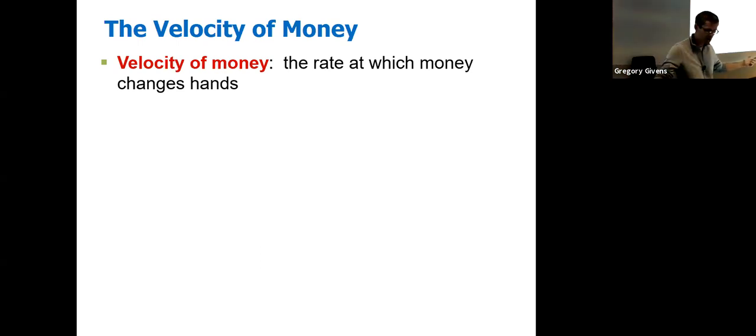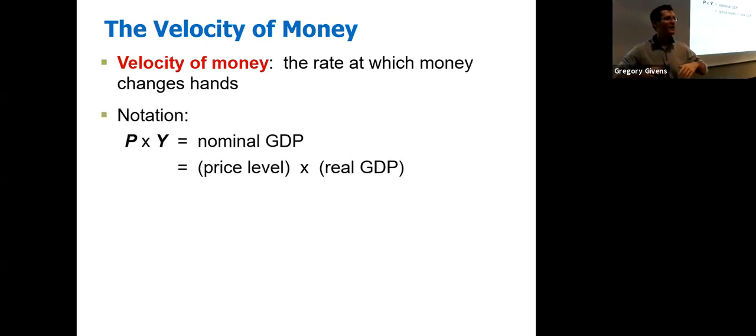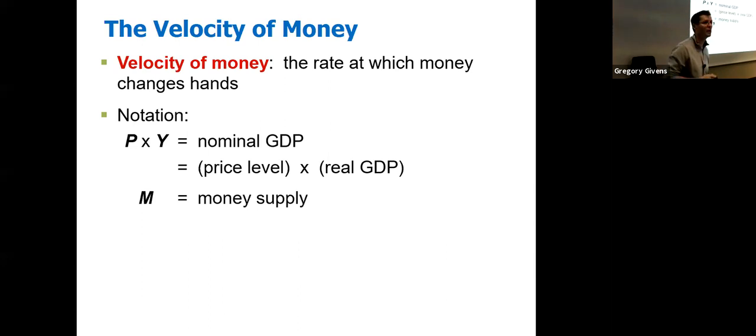In economics, velocity is a similar concept. It's the rate or speed at which the typical dollar in our economy is traveling around the economy, that is, swapping hands between buyer and seller, okay? Now, the other notation in the quantity equation is pretty straightforward, all right? We're going to have nominal GDP, which is defined as the price level P times real GDP, Y. Both of those variables we've seen before.